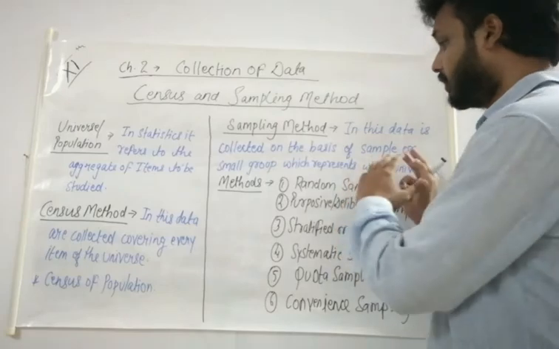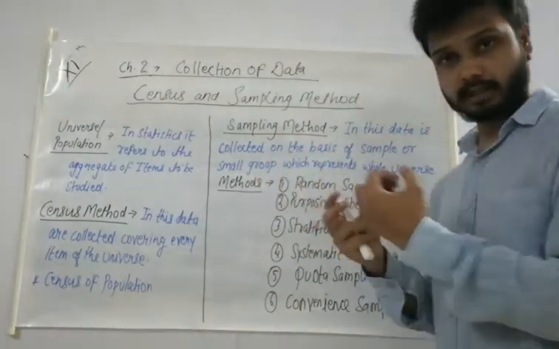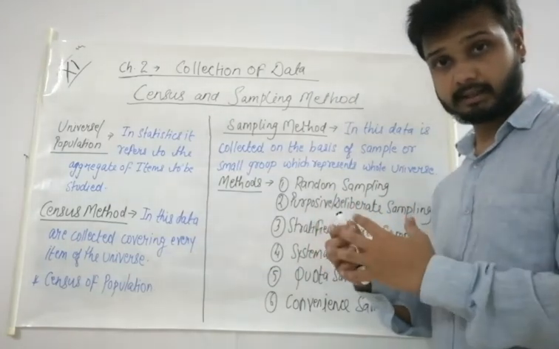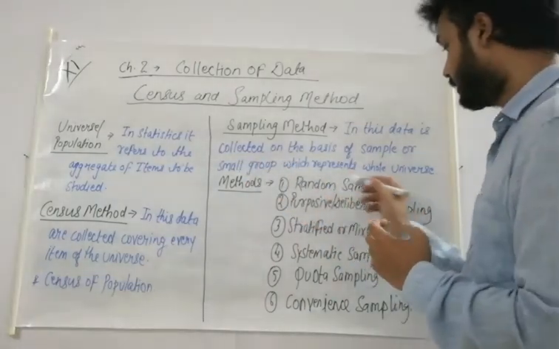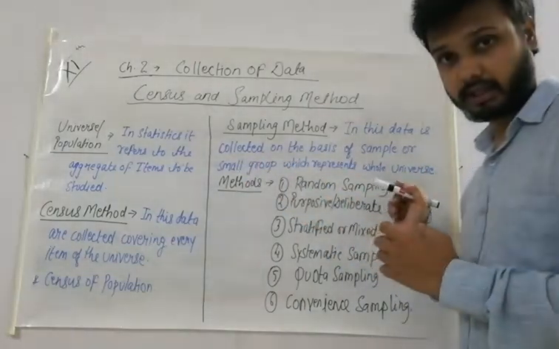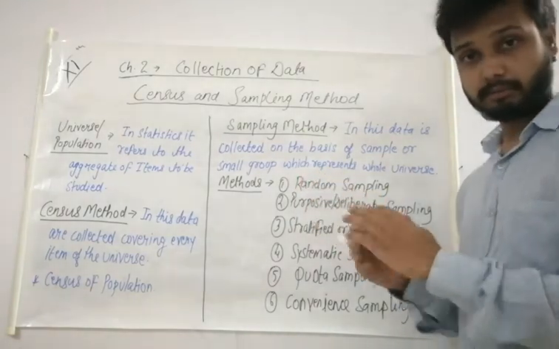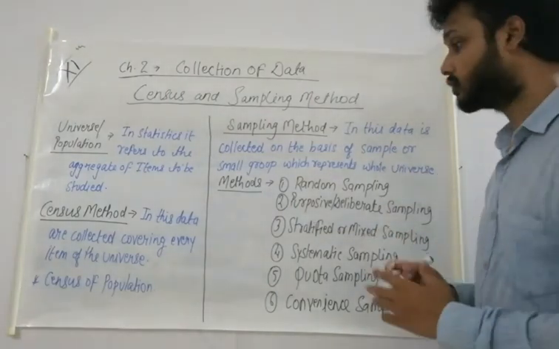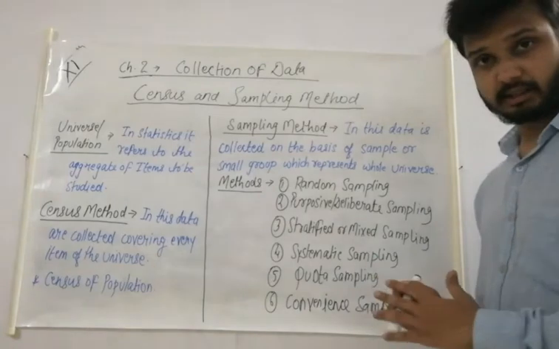Instead, we will only select a small group, take out a sample and conduct our study on them. We will collect the data, and this small group or sample will represent the whole universe. Whatever data we prepare from the sample, we prepare for the whole universe. So in sampling method, there are different methods followed.